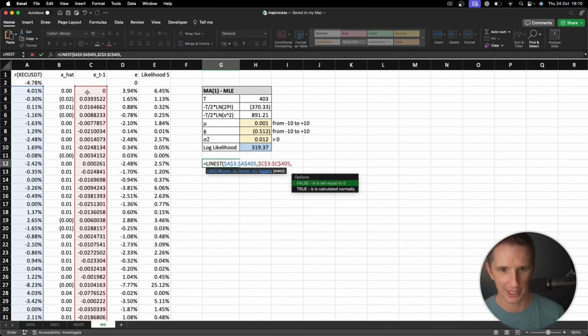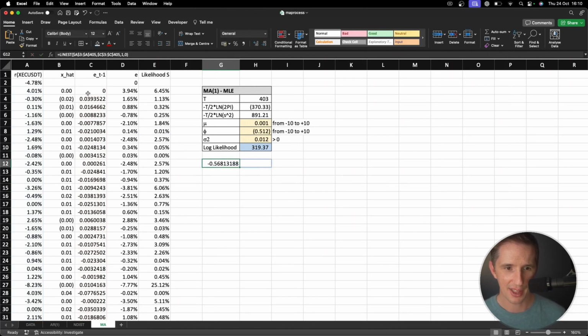How would that look? Here I'm going to say we need to put a constant in and I don't need the stats. And there you go. It's saying here that this would be negative 0.568. So it's actually not far off. It's not a million miles away from what MLE found. This number is incorrect. Okay, it's not negative 0.568. And I have seen this go wildly wrong.